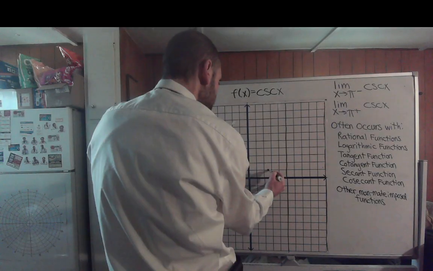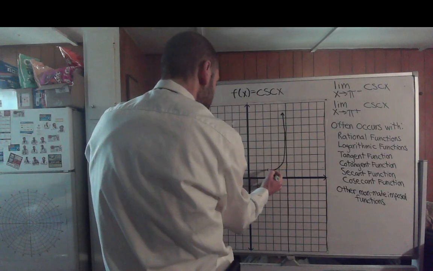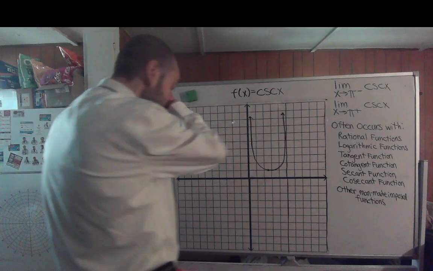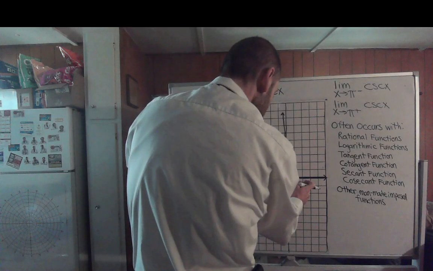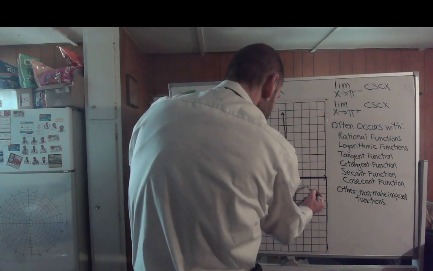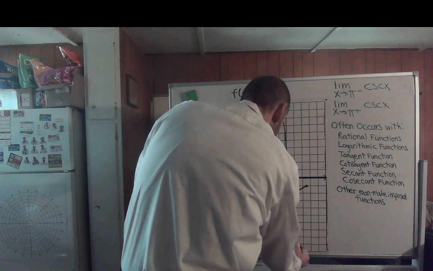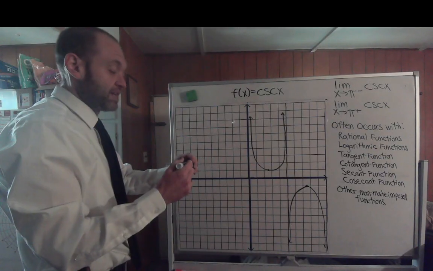We know the graph of the cosecant goes up like this. And then to the right of pi, so if we take the cosecant of 3 pi over 2, we're down at -1. The graph goes down like this. And it'll keep doing this infinitely for the cosecant of x.